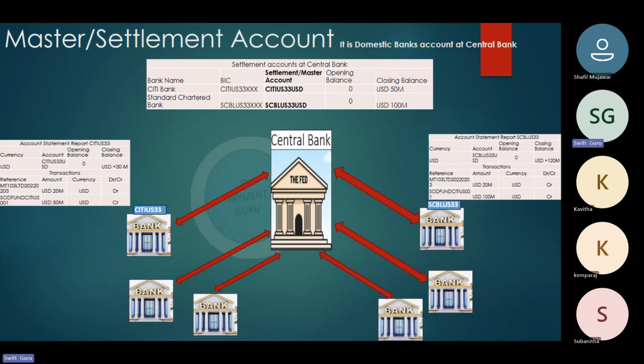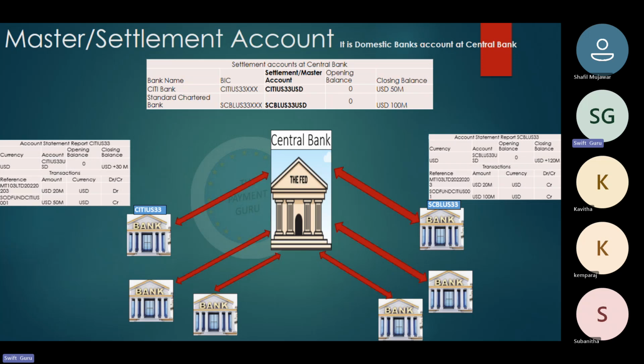Similarly for all the other banks as well. Now, why do they open up an account at a central bank? The reason is the local payment systems where they will get onboarded, in order to use them, they would need this account being open at the central bank.